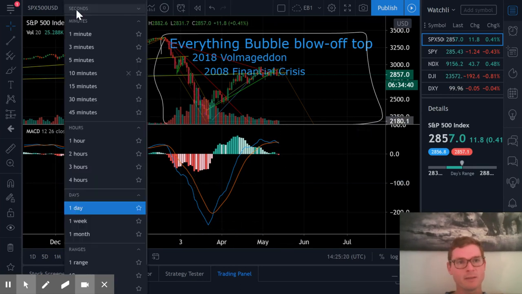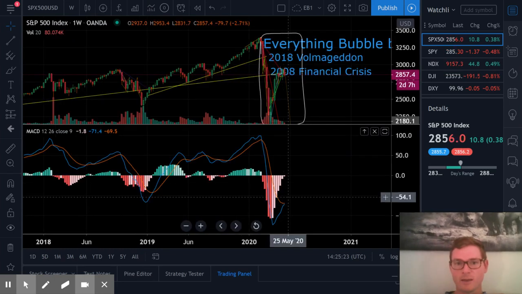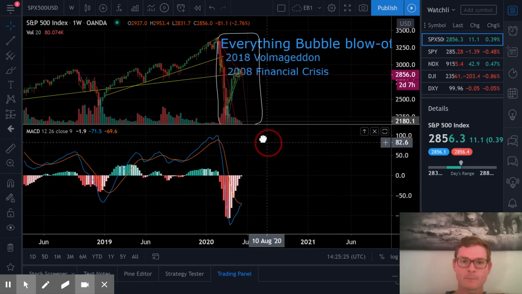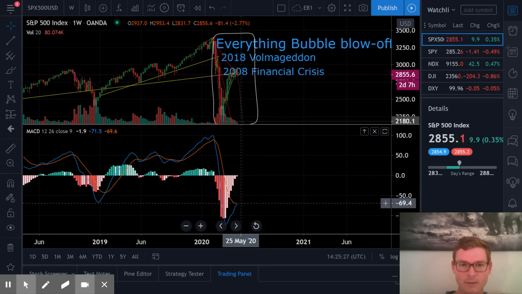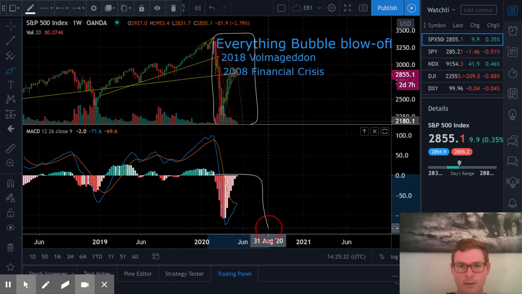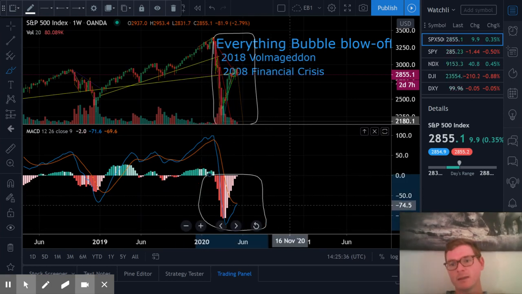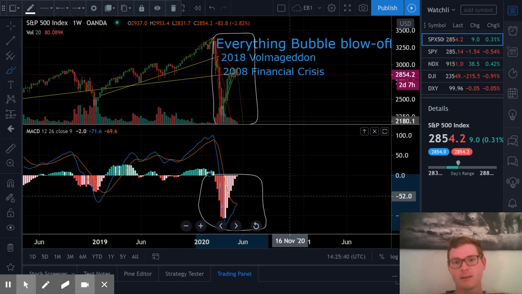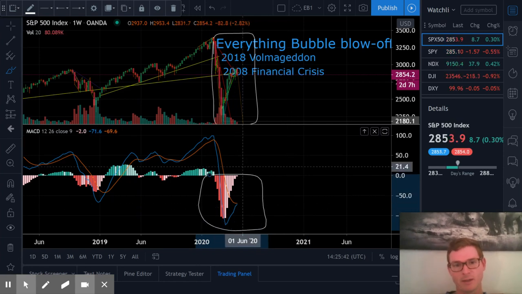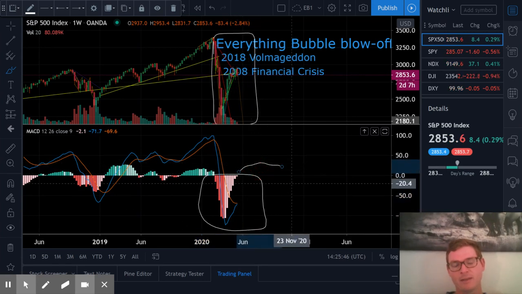And I can jump out to the weekly, and this is kind of like a look at the year. So on the yearly range, we are mad bearish right now, and we're about to cross over. So this means this kind of month or two here is a bearish month, and it's about to cross over, and we're about to go positive here on this side.